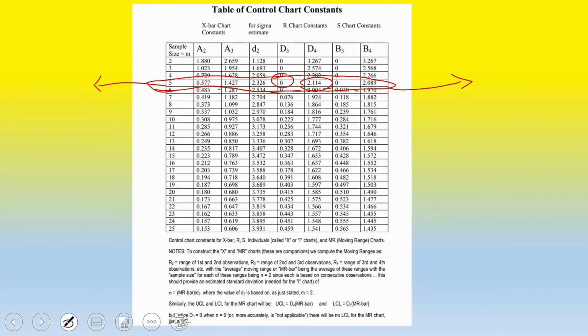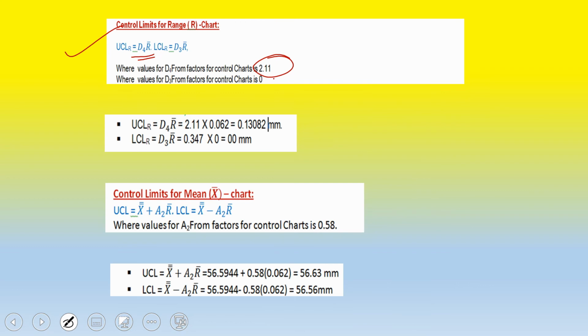So D3 we have taken here as 0. Then R bar we have calculated already as 0.062. Then D3 into R bar, with D3 being 0 and R bar being 0.062, 0.062 into 0 will come 0.